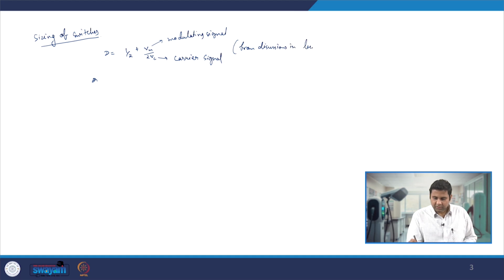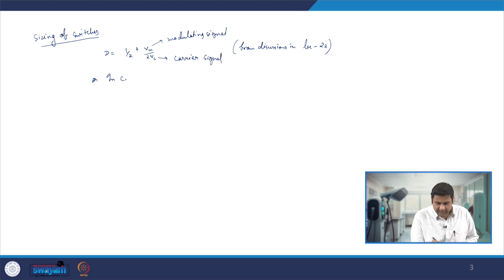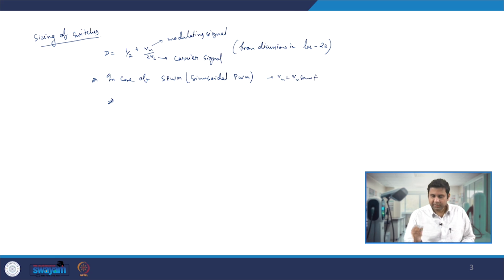I mean, this we get from the discussions in lecture number 22. So in case of sine PWM or SPWM, sinusoidal PWM, our Vm is nothing but Vm sin omega t, the modulating wave having the sin omega t variation.